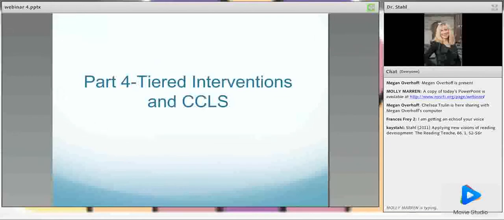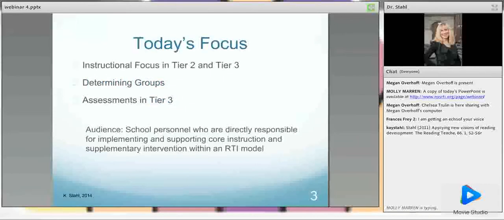But today we will be talking about Tier 2 and Tier 3 and what the instructional focus will look like. We'll talk a little bit about how to determine groups for Tier 2 and Tier 3. And also we will address assessments to be used in Tier 3 and diagnostically in Tier 3.